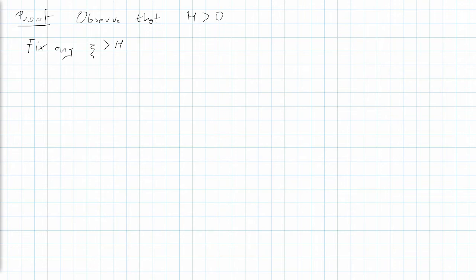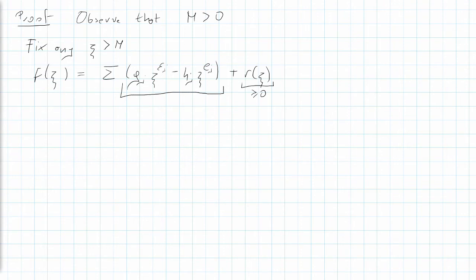So f of xi is a sum of a form gj xi^εj minus hj xi^ej plus r of xi. Of course, this r of xi is non-negative, and we will observe how the other term looks.